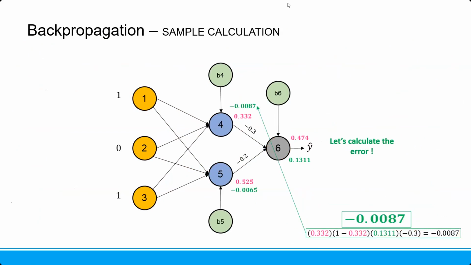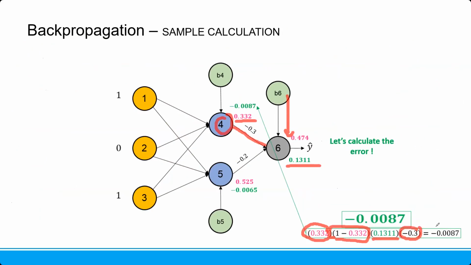Now the same with the node number 4. In the node number 4, we calculate based on the output. The output is 0.332, this is the red color, and then 1 minus 0.332, and then we will multiply with the error rate in the advanced layer, which is the output layer, multiplied by the weight between node 4 and node 6.